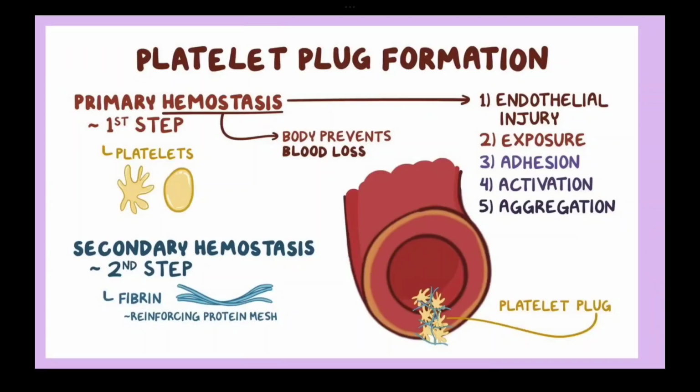This is the image of how the primary hemostasis happens. Like I told, there is endothelial injury, then exposure, where platelets see the collagen.